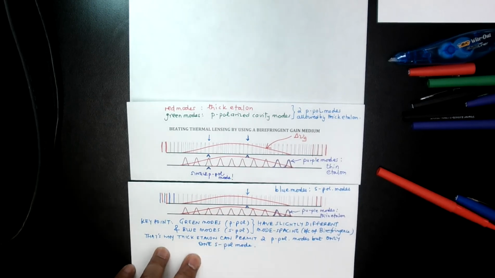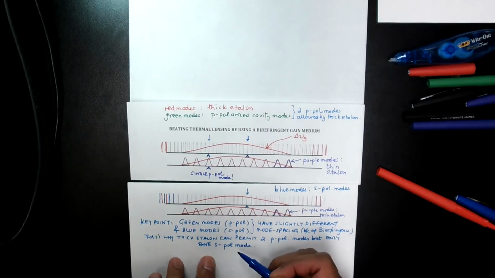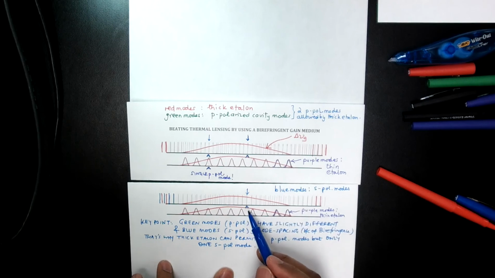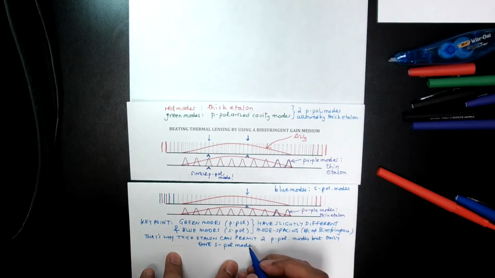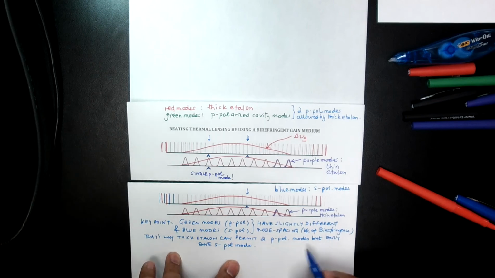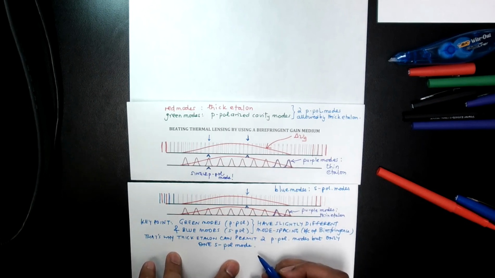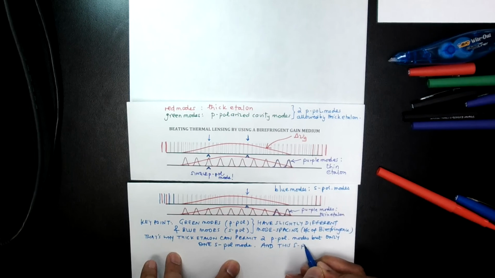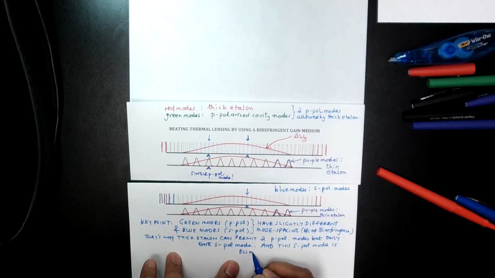You see, it is able to eliminate one of the S modes, and just one is left. So the thick echelon can permit two P-polarized modes, but only one S-polarized mode. And this S-polarized mode is eliminated by the thin echelon.